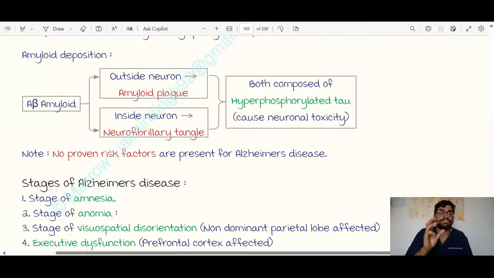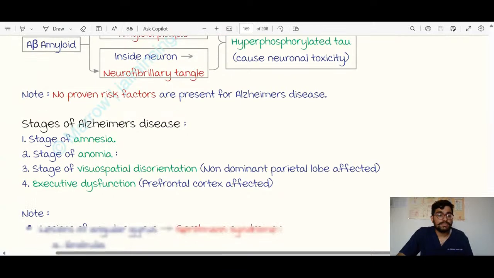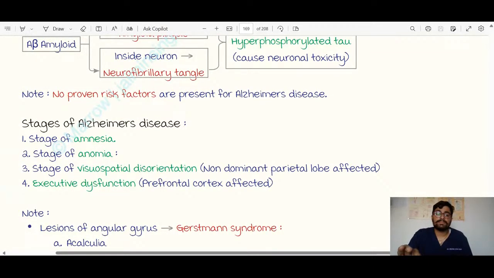So this is the pathogenesis of Alzheimer's. Note that no proven risk factor is present for Alzheimer's disease.